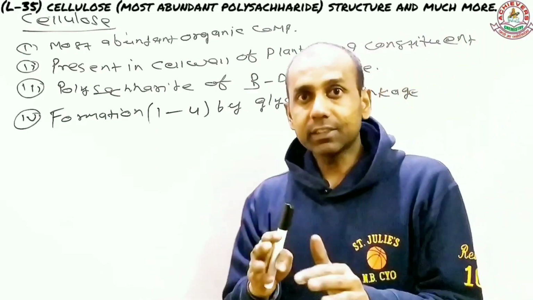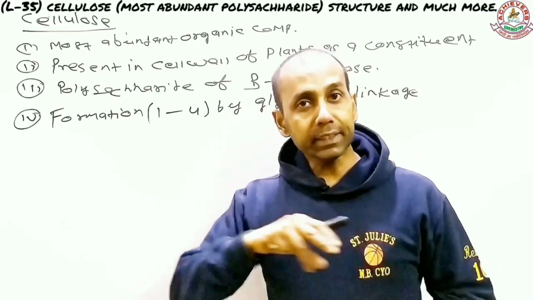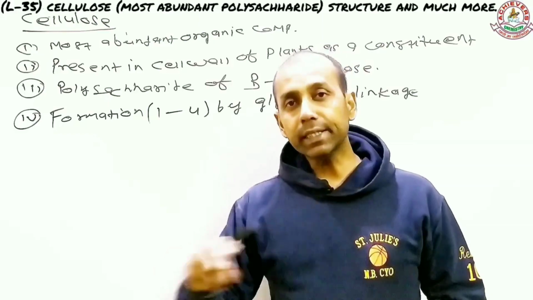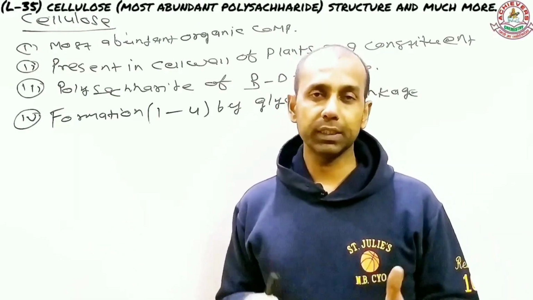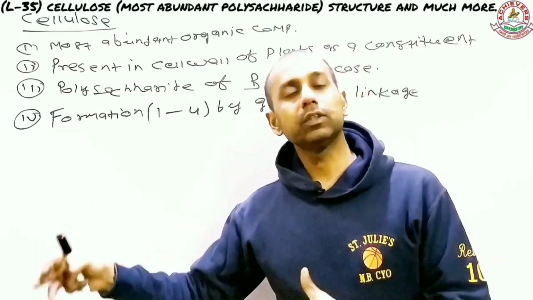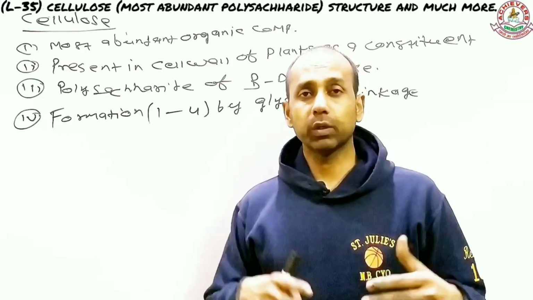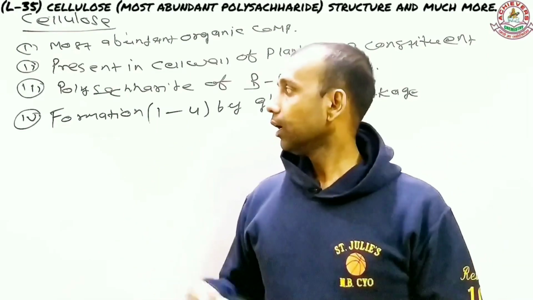Right? So this is the important thing. Cellulose is made up of a linear chain of beta-D glucose. Millions and millions of molecules of beta-D glucose, when linearly linked together, form this cellulose. So it's a polymer, a macromolecule.